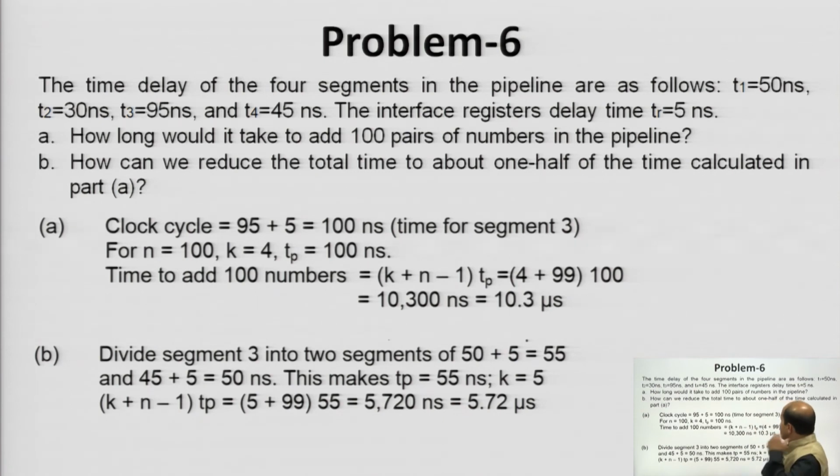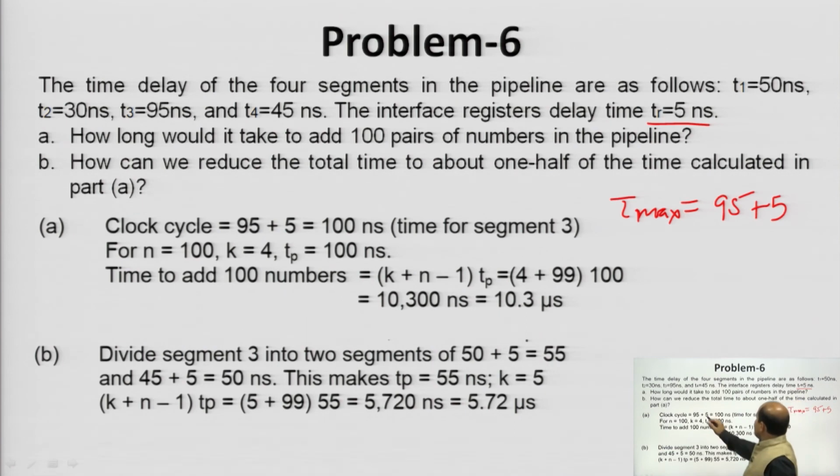Now, the next problem says various segments will take different times and the interface register will take 5 nanoseconds. So, we have to calculate the total time to execute in case of a pipeline system. Here we first calculate tau max, which is nothing but the slowest time period, that is 95 in this case, plus the interface delay, that is 5.